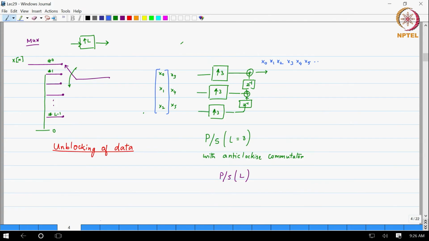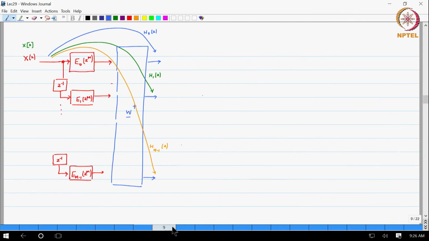Okay. So, this is what emerges: if I were to apply the polyphase decomposition and apply the DFT filter bank property, then what I would get is a delay chain followed by the polyphase components followed by the transpose conjugate of the DFT matrix.